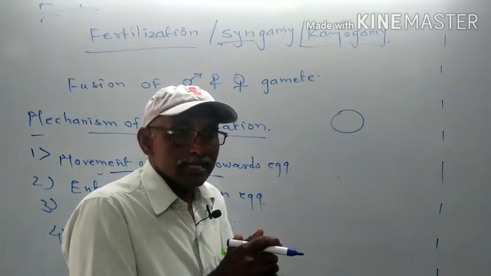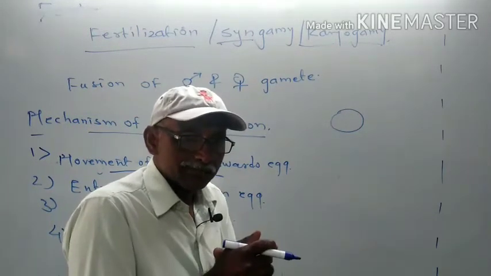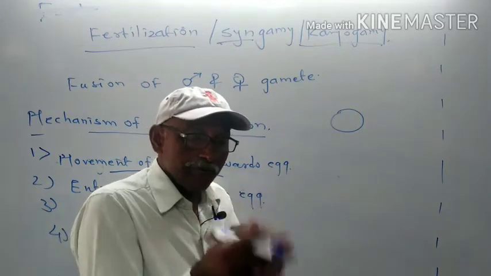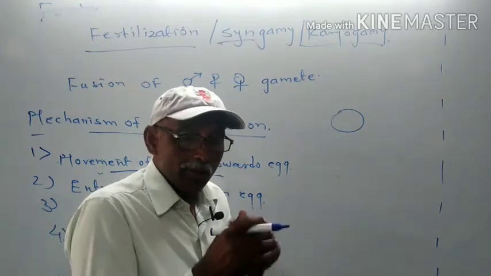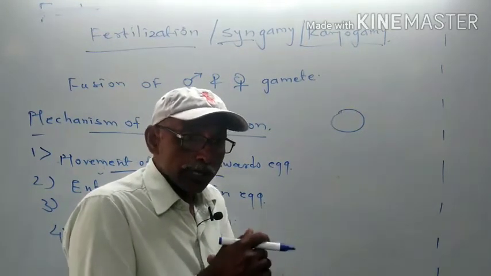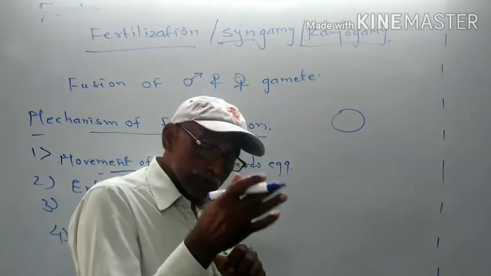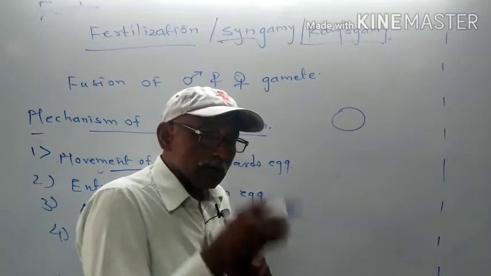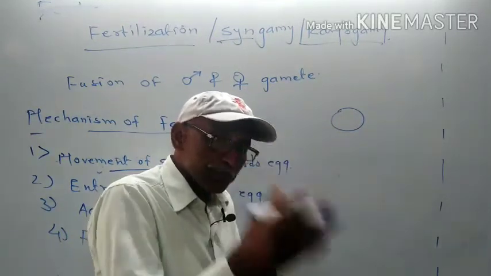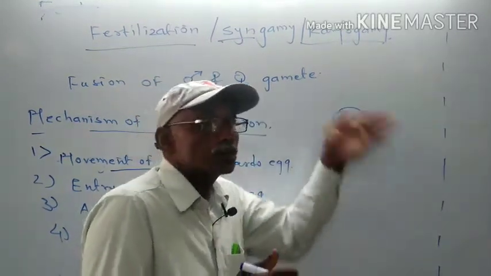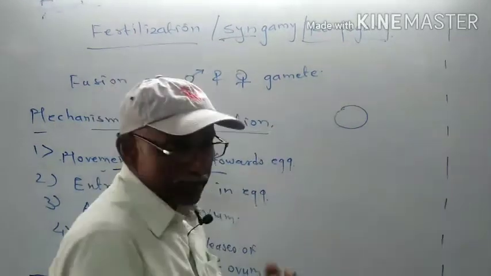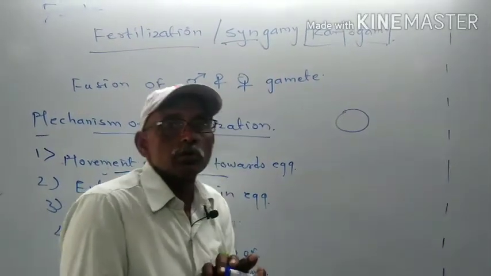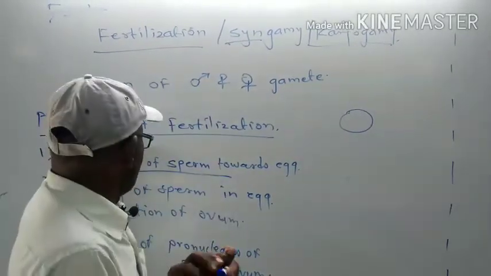These have contractions due to the effect of prostaglandin, and due to the uterine and fallopian tube contractions, the sperm moves towards the egg apparatus.